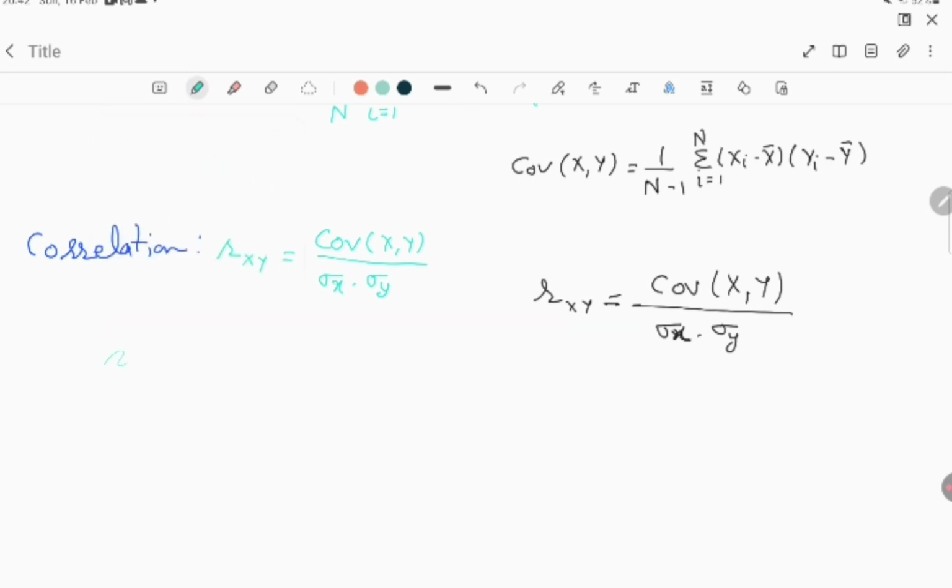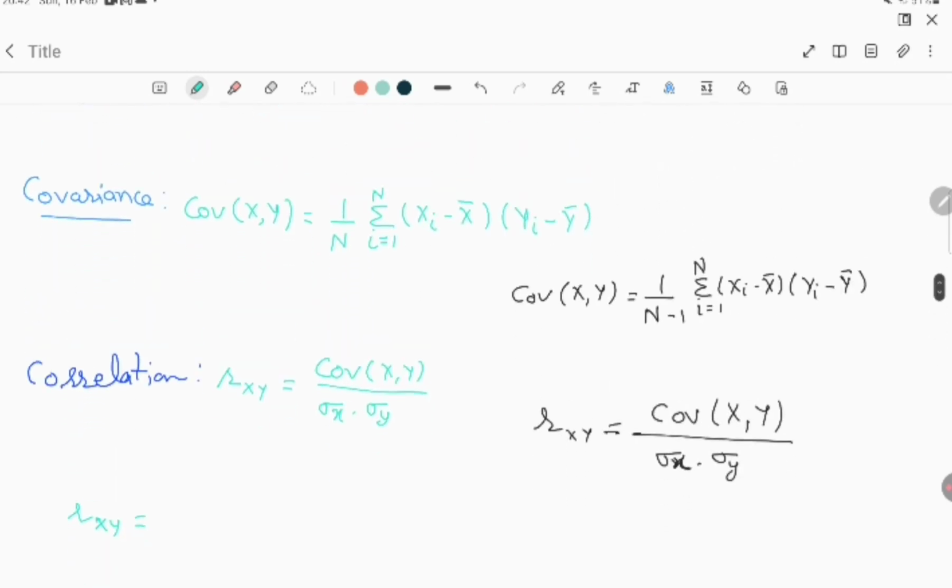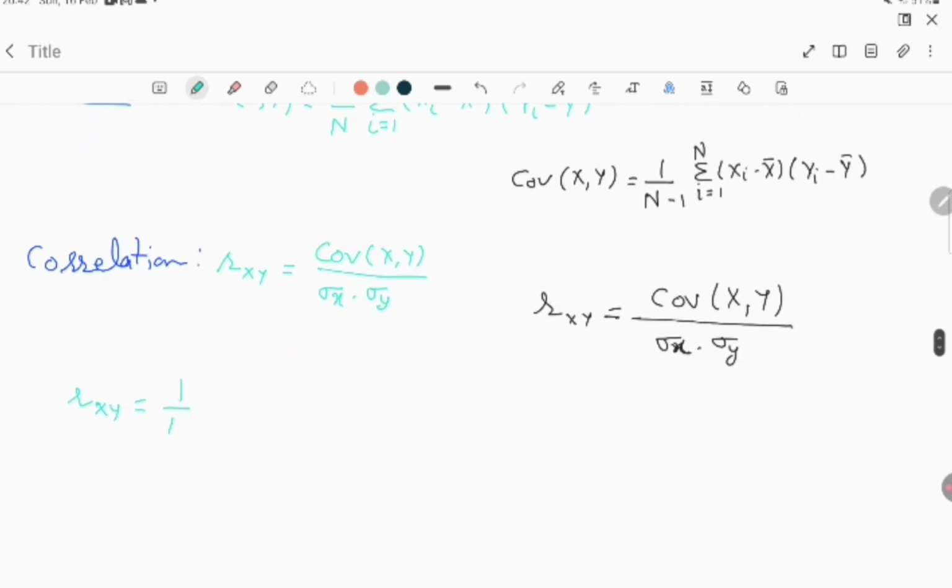Let me simplify it here. Covariance is what? Here it is 1 upon n, summation i equals 1 to n, xi minus x bar multiplied by yi minus y bar, divided by the standard deviation of x multiplied by the standard deviation of y.